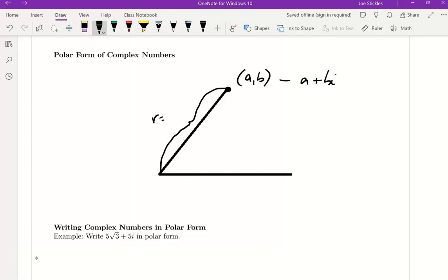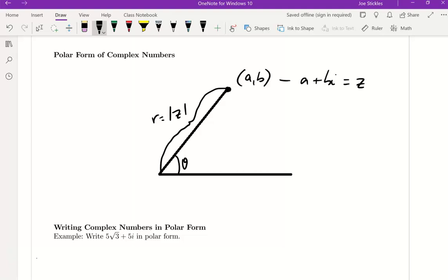Well, in this case, if I refer to my complex number as Z, that R is your modulus of the Z, or the square root of A squared plus B squared, just like it is before. This angle here is the same angle for polar that we would have before.